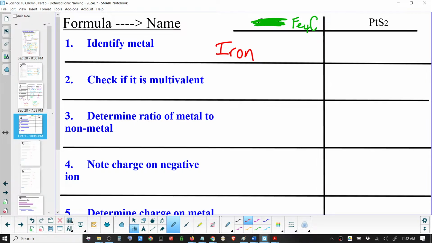Okay, does this need Roman numerals? Because they don't all. Does iron? Yes, it does. So we look at the ratio. I have a question. Why do they make it so weird? Why don't they just use I or something? It's because the names differ by language, but the symbols are consistent.